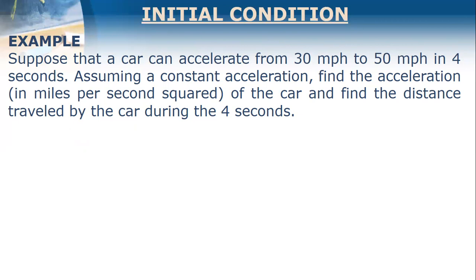Suppose that a car can accelerate from 30 miles per hour to 50 miles per hour in 4 seconds. Assuming a constant acceleration, find the acceleration in miles per second squared of the car and find the distance traveled by the car during the 4 seconds.